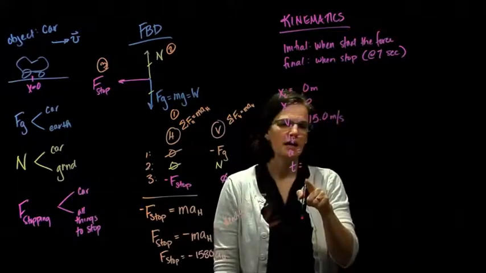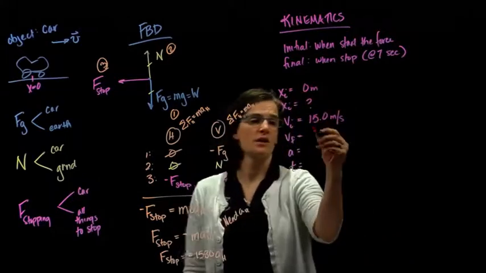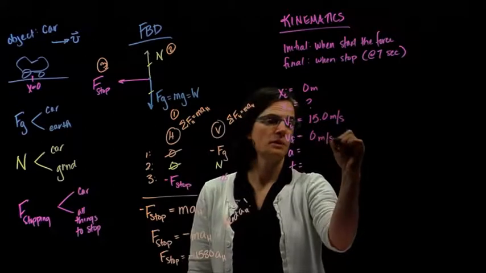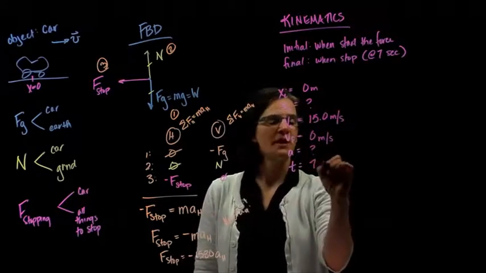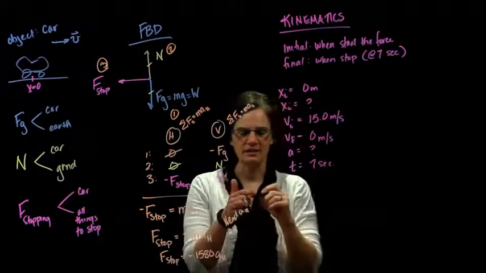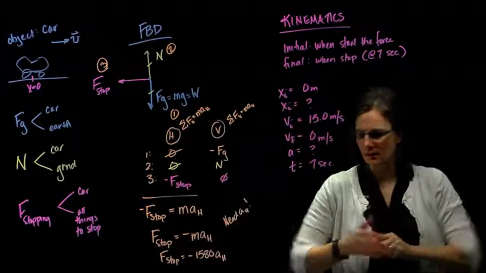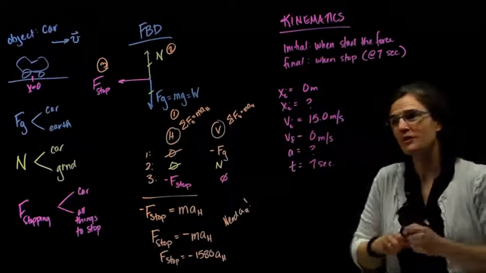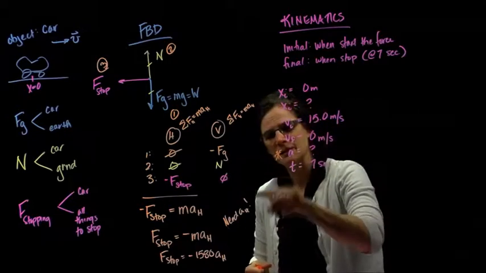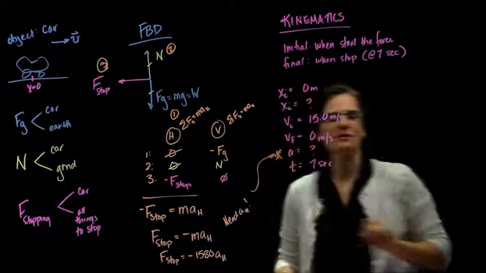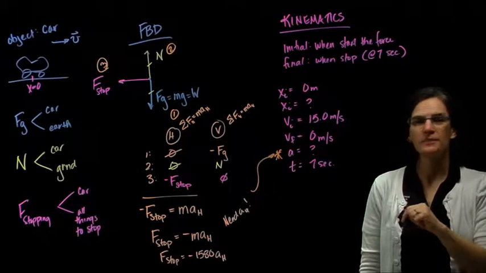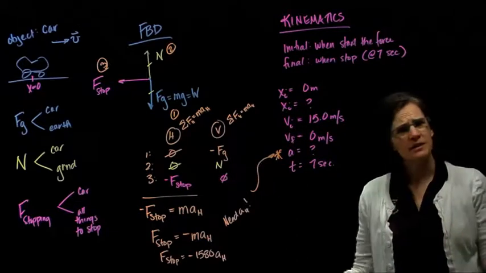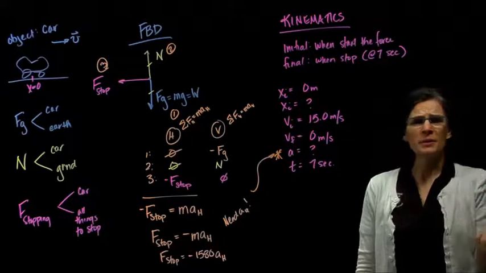We then want to know our final velocity when the car comes to a stop. Well, that's 0 meters per second. We don't know the acceleration, but we do know that it happens in 7 seconds. Now, why did we go to this kinematics process in the first place? What's our variable of interest? We needed acceleration, remember. So we're going to go after the acceleration. Both equations in kinematics have acceleration. Which one are we going to use?